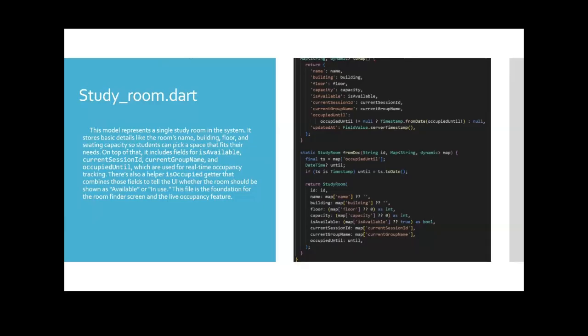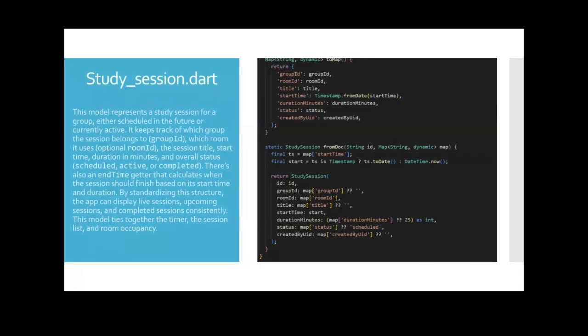So this model is just a really single-minded study room system. It stores the basic details of the room, which will show it to the user. And on top of that, as you can see here, it has the is available key. So it will show if it's available or not available, depending on if a user has already occupied the room or not.